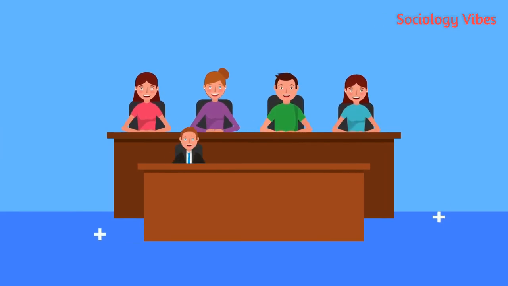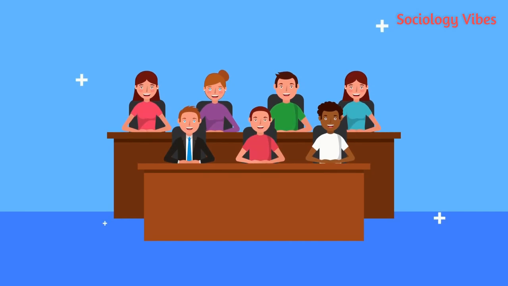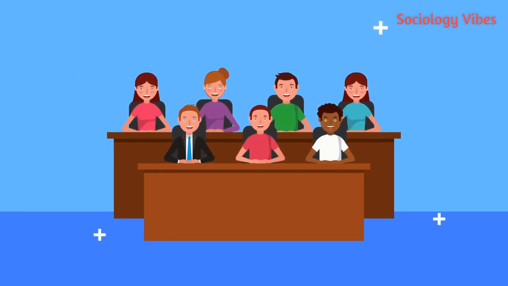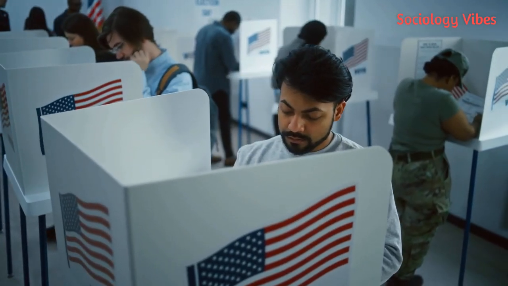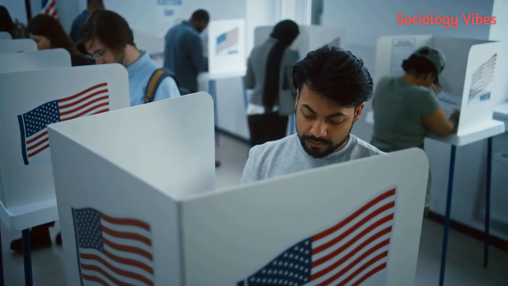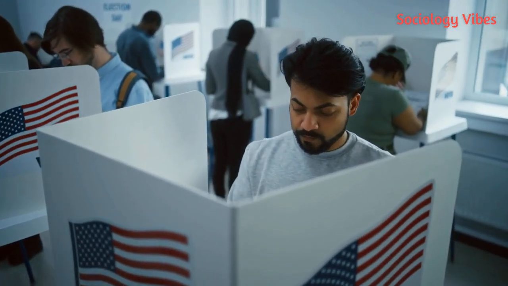Elected legislators vote on bills to go along with the majority in their party. And jury members might go along with the majority of jury members. Citizens might vote one way but tell their friends and families something else to get along with the majority.